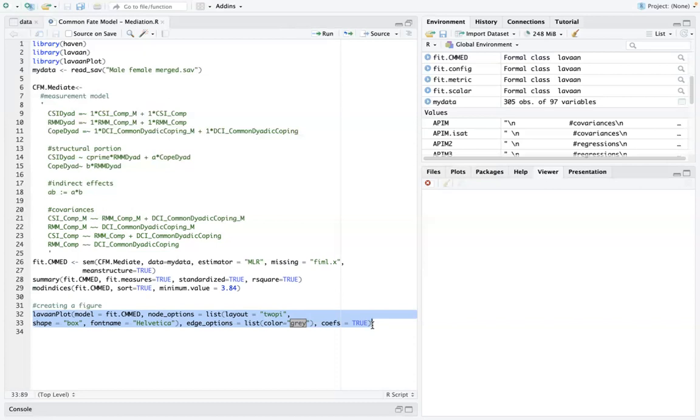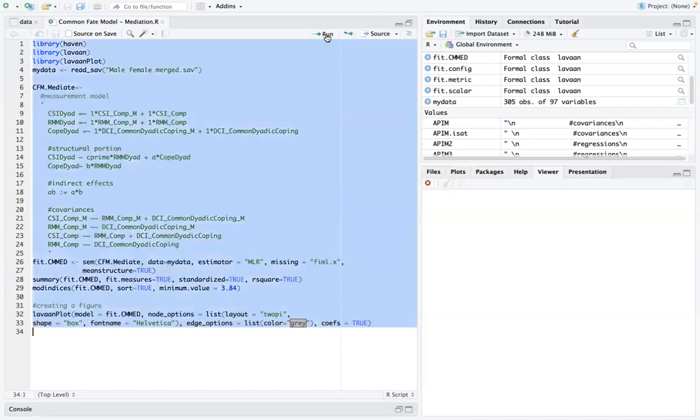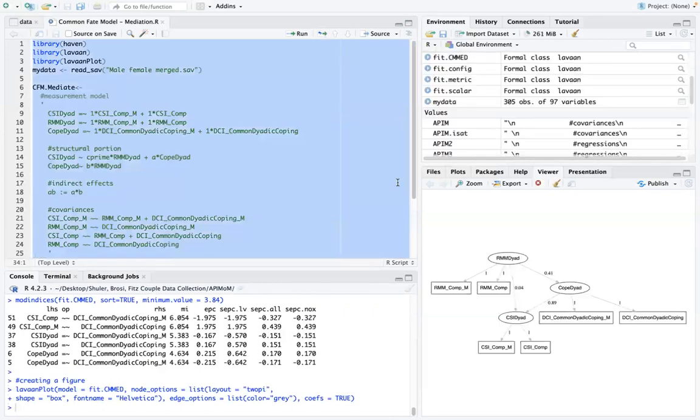And a picture is worth 1,000 words, particularly when there's complex models, mediation, moderation. I find it helps the readers better connect to my models. And so we're going to go ahead and run this. And we'll take a look at the diagram. We can actually take a look at that first.